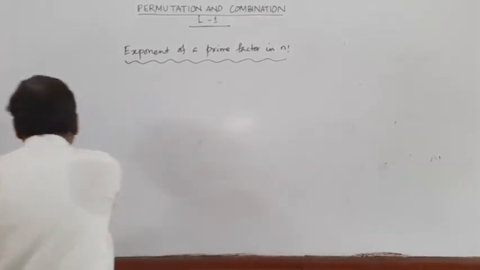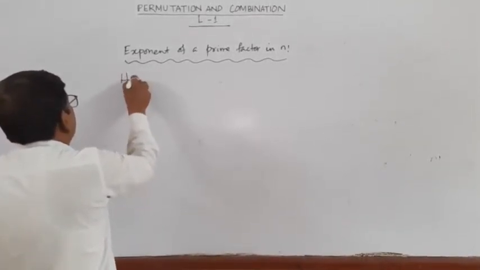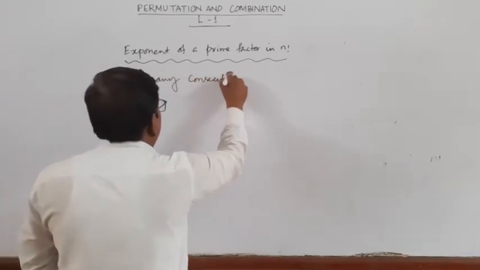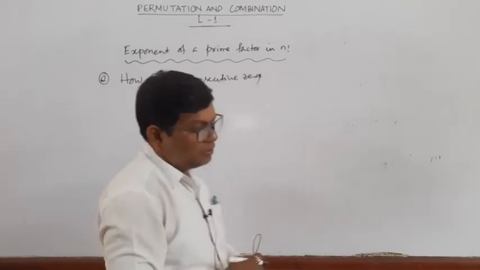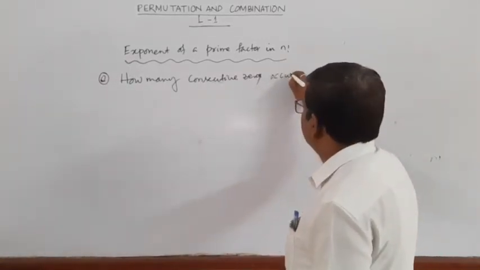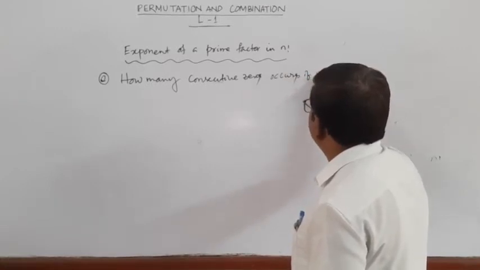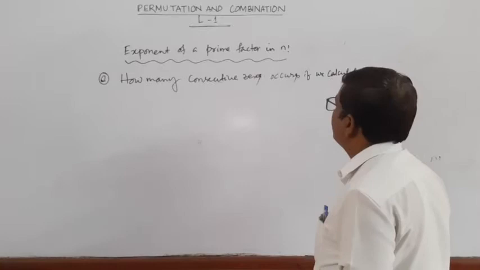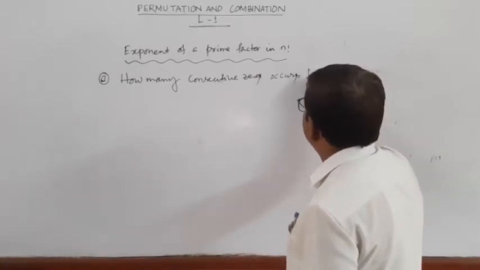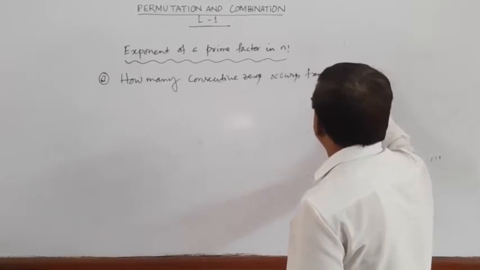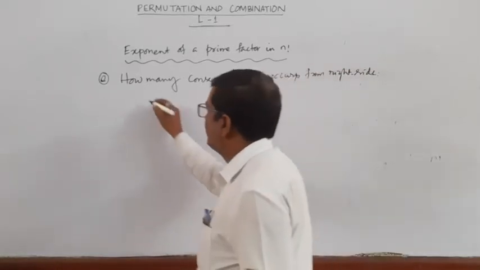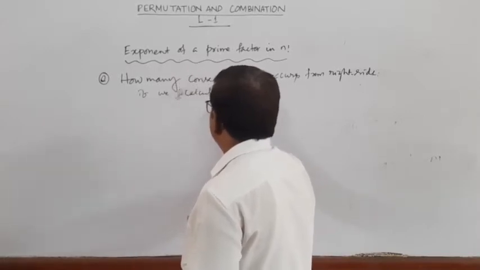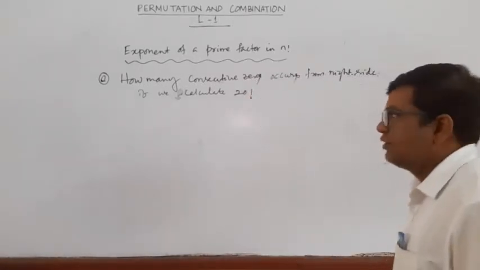How many consecutive zeros occur from the right side if we calculate 20 factorial?